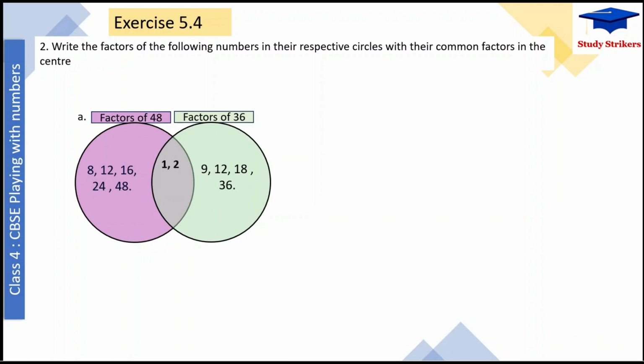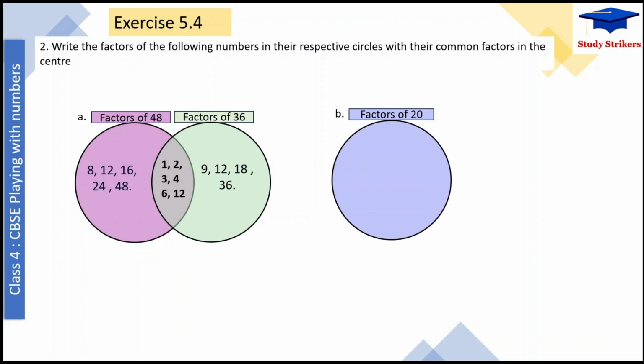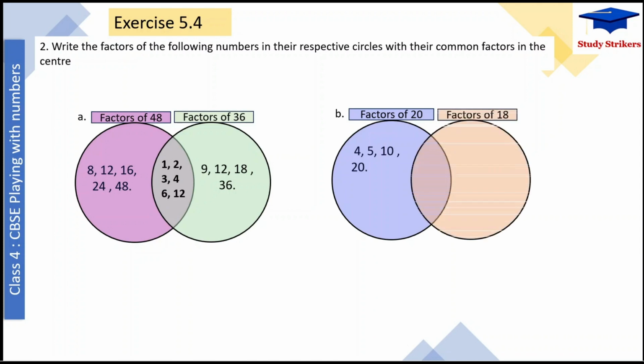Their common factors are 1, 2, 3, 4, 6 and 12. Now we have to find factors of 20. So they are 1, 2, 4, 5, 10, 20. Factors of 18 are 1, 2, 3, 6, 9, 18. Their common factors are 1 and 2.